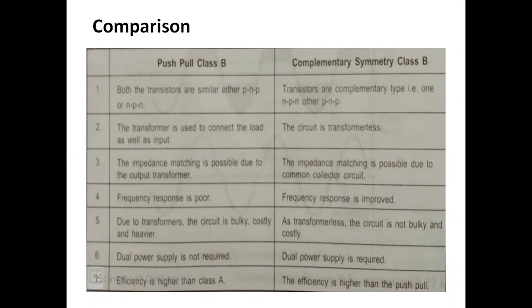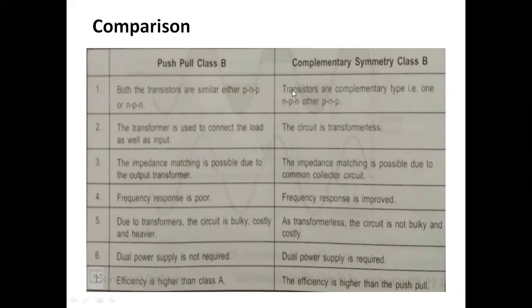Whereas in complementary symmetry, transistors are of different types, that is complementary type. If one transistor is NPN, the other transistor becomes PNP. That is the first difference.